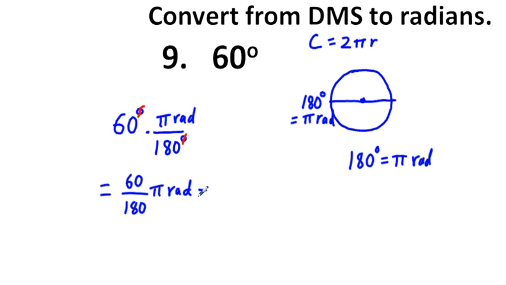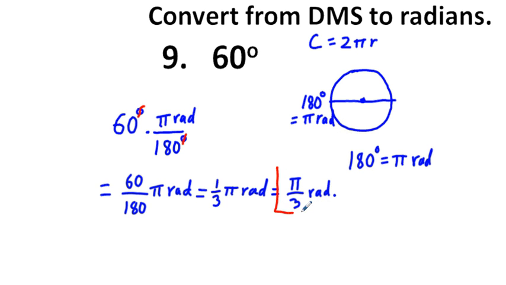And we can take our 60 divided by 180, we can cancel out the zeros and so forth. What we get is 1/3. So we have 1/3 pi radians. And according to convention, this is usually written as pi over 3 radians. And so that's going to be our answer to problem number 9.